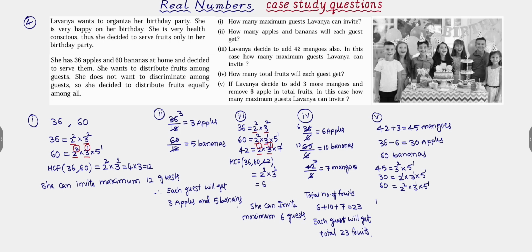Now again we have to find the common factors of 45, 30 and 60. We can observe there is no 2 in all the factorizations. We have 3 in all the factorizations, and we also have 5 in all. So the common factors are 3 into 5. Now we select their lowest powers. The lowest power of 3 is 1 and the lowest power of 5 is also 1. So 3 power 1 into 5 power 1 is 15.